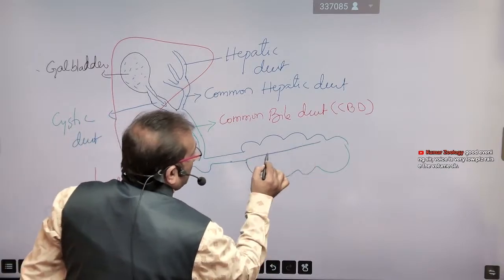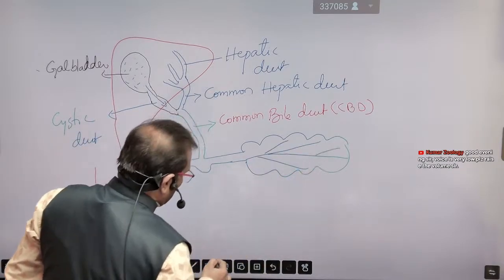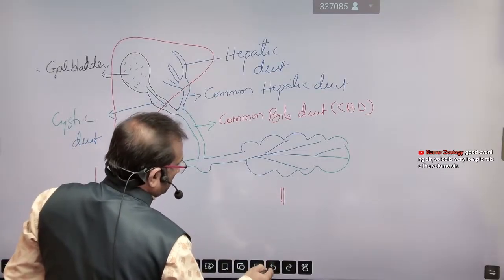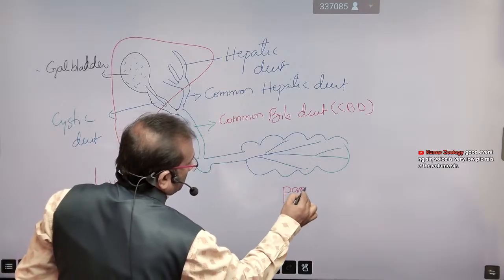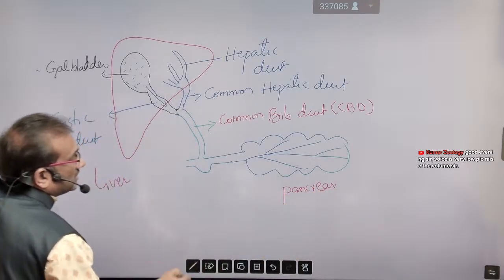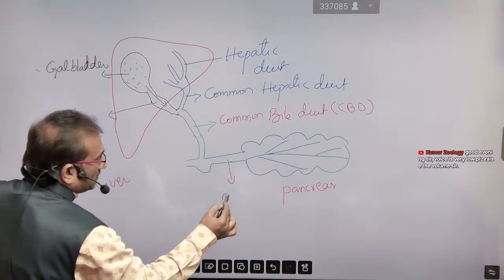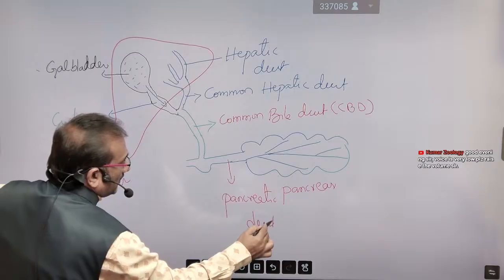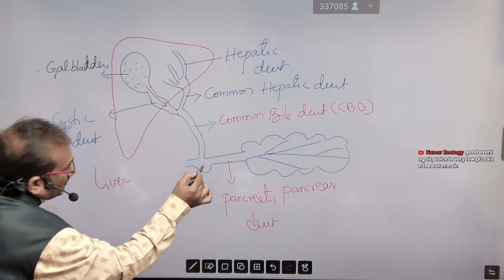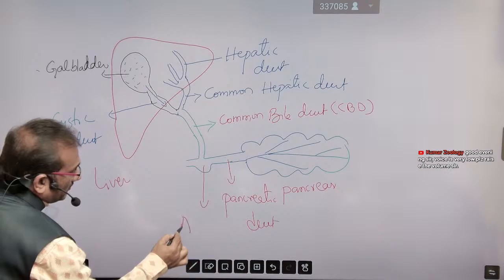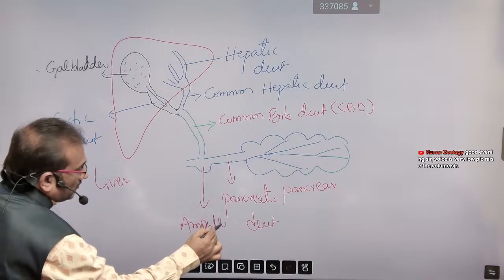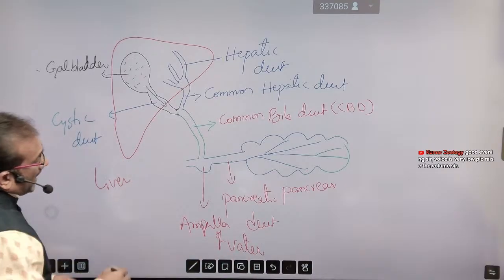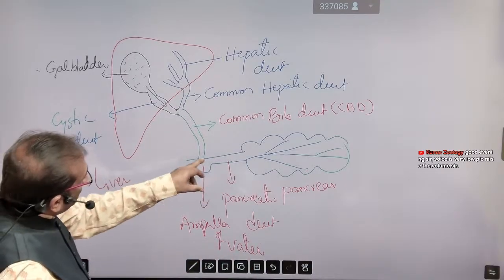This is the leaf-like gland. And this is the pancreatic duct. This is the ampulla of Vater. The ampulla of Vater is the junction of the pancreatic duct and the common bile duct.